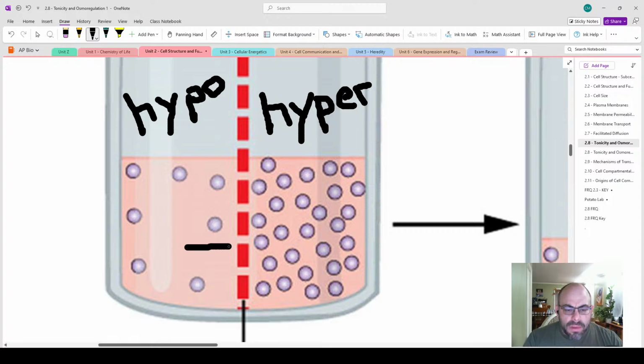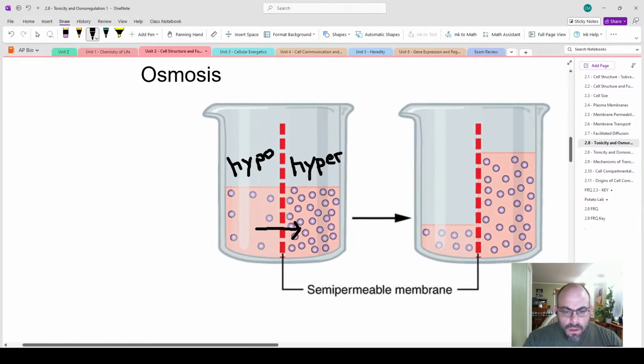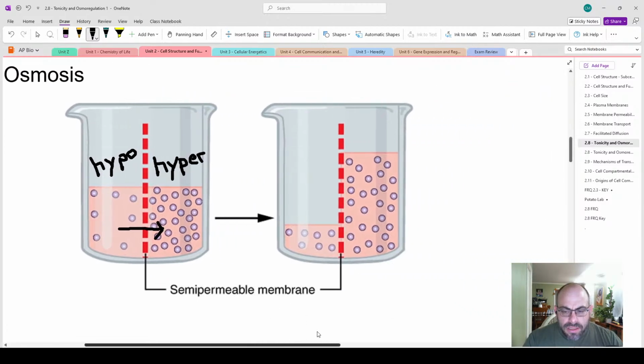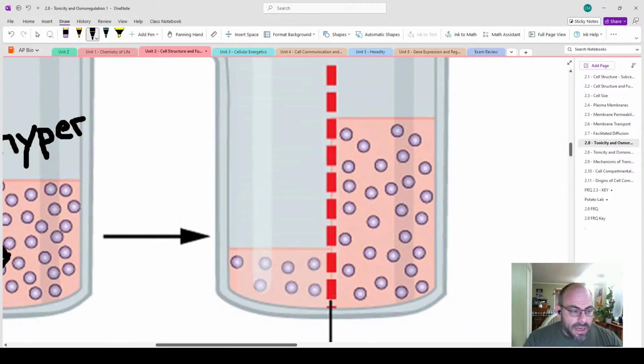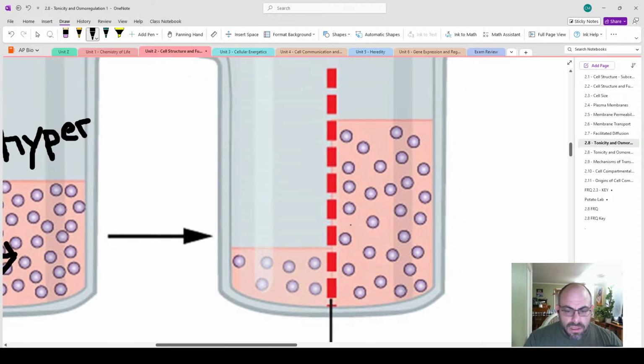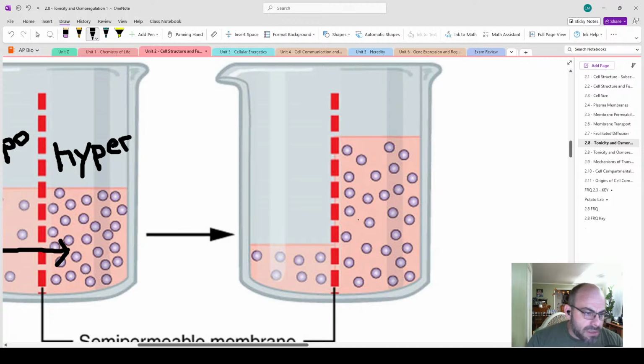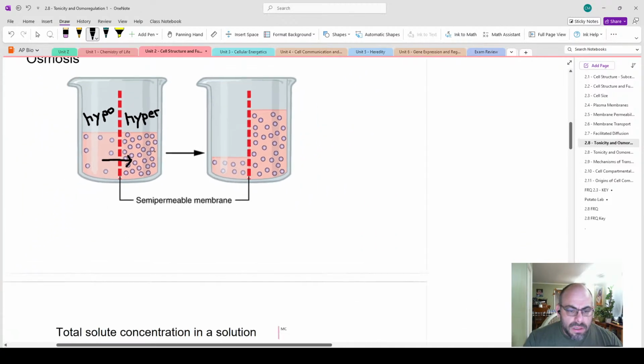Water moves from hypotonic to hypertonic, right? Until both sides are at equal concentration. And we could say water is at equilibrium because the solute is isotonic, right? There's an equal concentration of solute on both sides, so there's going to be an equal movement of water.